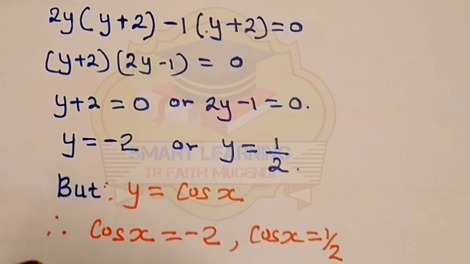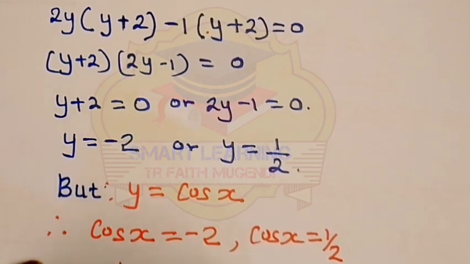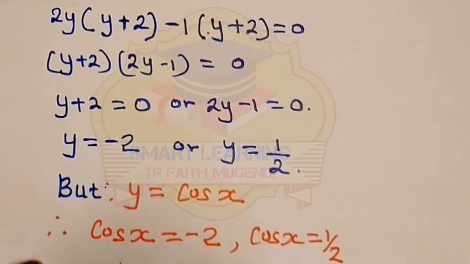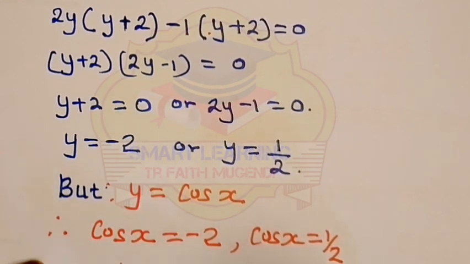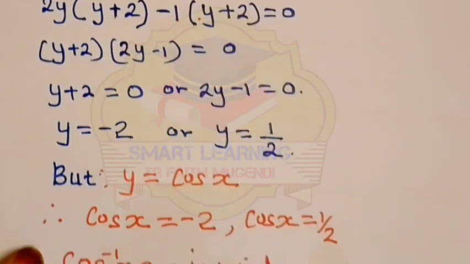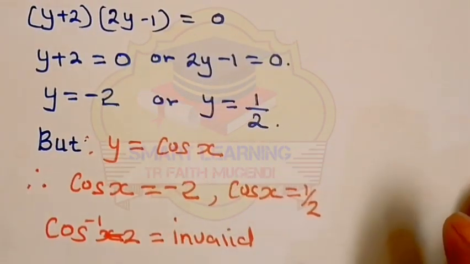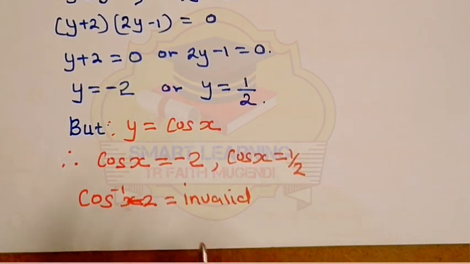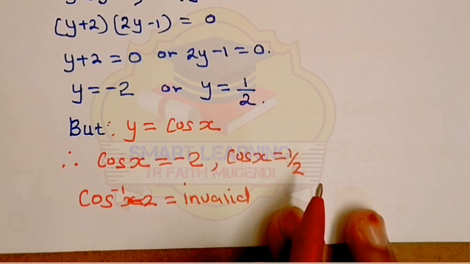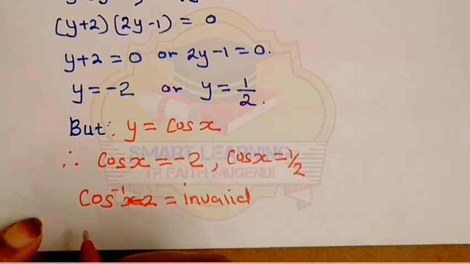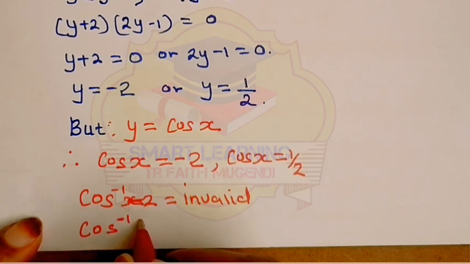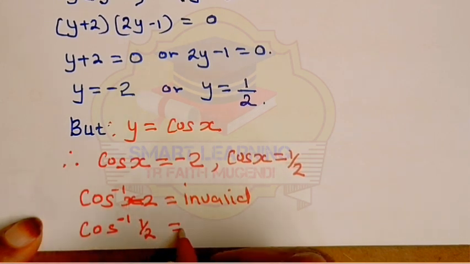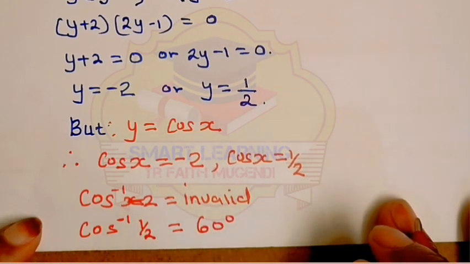So when we get the cos inverse of -2, it is invalid. When you use your calculator, it's written error. That means it does not exist. But when we get cos inverse half, we shall get 60 degrees.